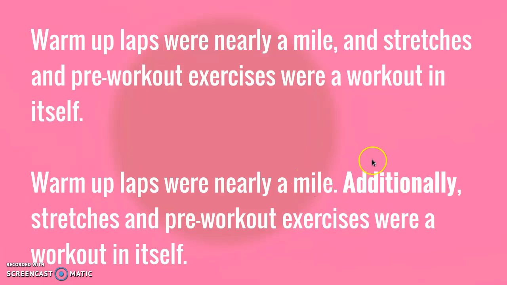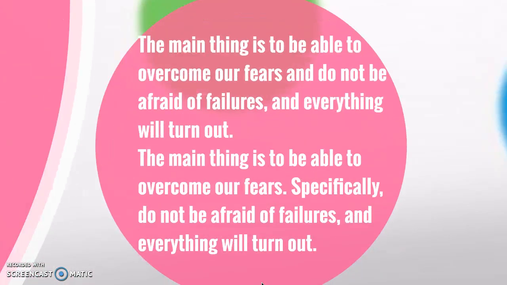We see this as like a signpost to the reader, right? Not only were there warm-up laps, but we also are adding to that idea that there were stretches and pre-workout exercises. So a more academic transition adds variety to your writing, keeps the reader engaged, easy breezy.